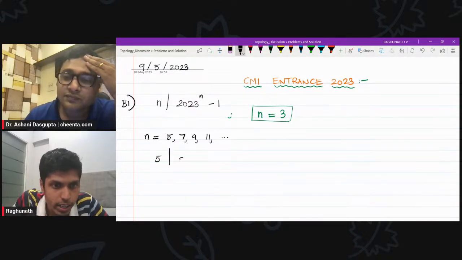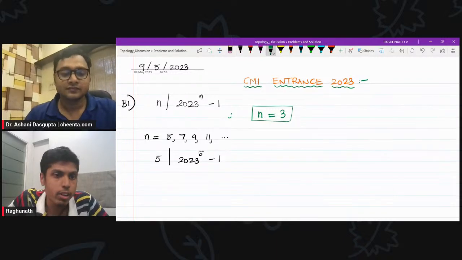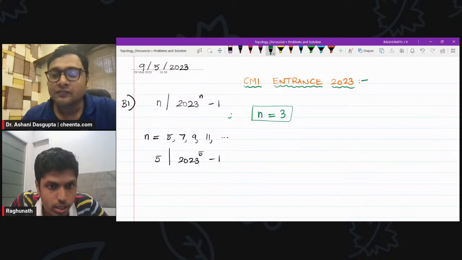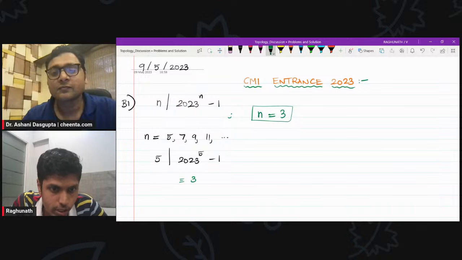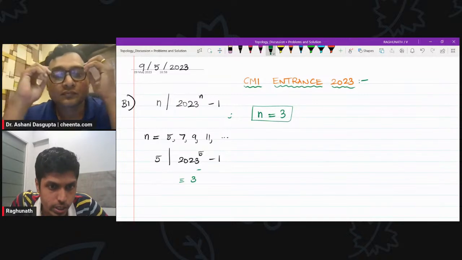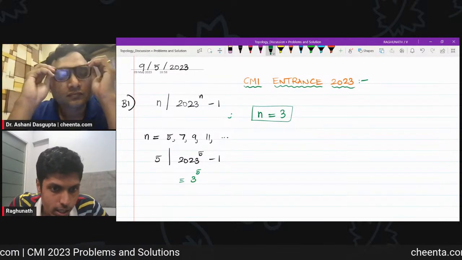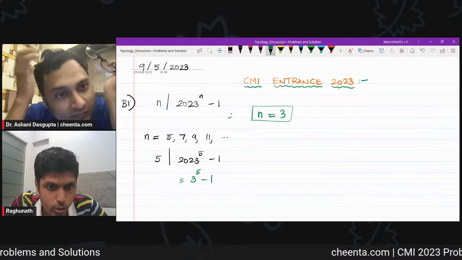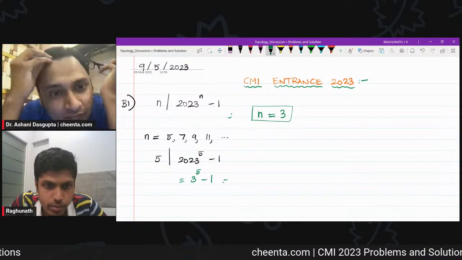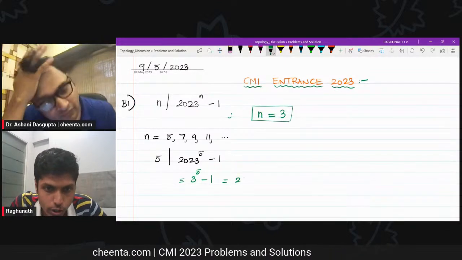First, will 5 divide 2023 power 5 minus 1? It will not, because 2023 is congruent to 3 mod 5, and so 2023 power 5 is congruent to 3 power 5 mod 5. So the entire thing is congruent to 3 power 5 minus 1, which is 243 minus 1, which is 242.